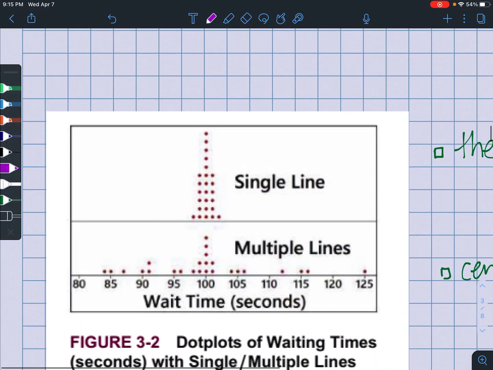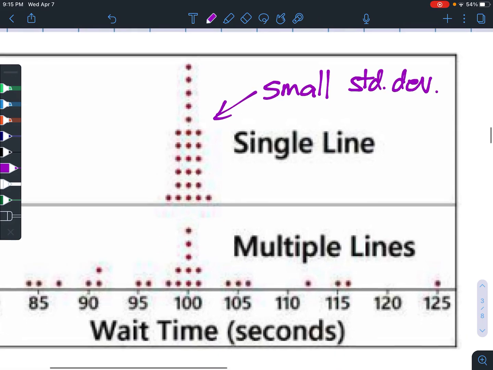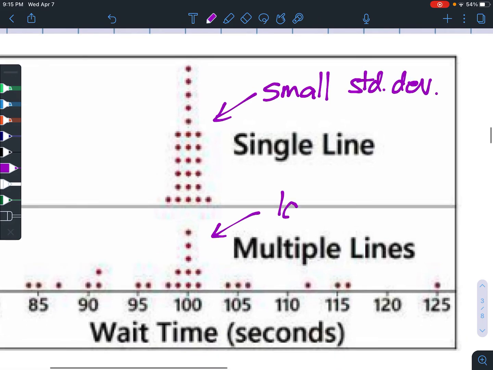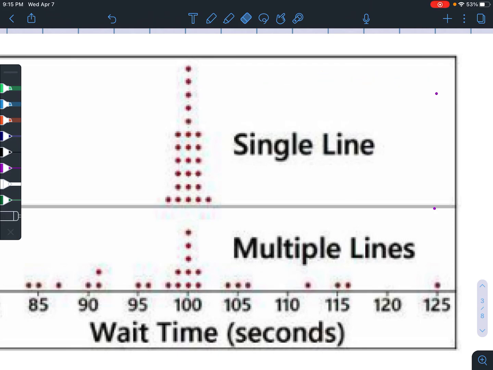So if I look back at this set, this here is going to have a small standard deviation, whereas this is going to have a large standard deviation, or I should say a larger standard deviation than the other, okay? Than the one above it. So when you compare standard deviations, it isn't like you look at a single standard deviation, but you compare two sets and look at how their standard deviations compare to each other, okay?